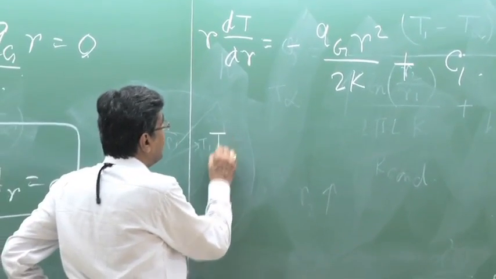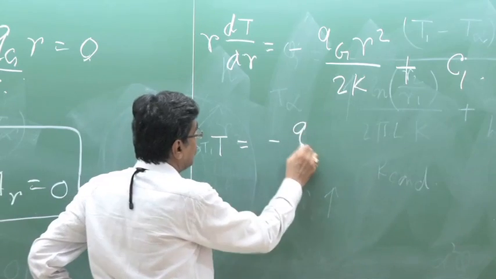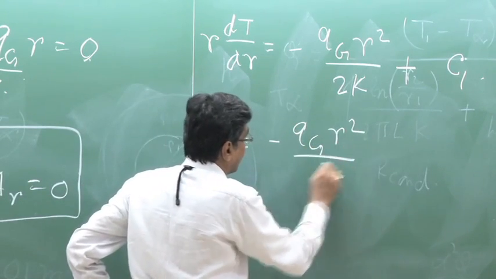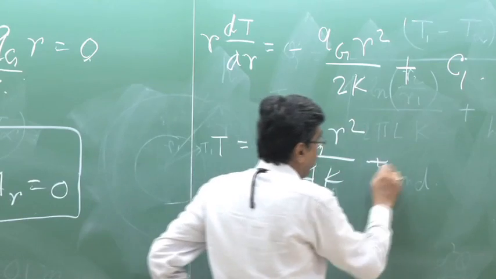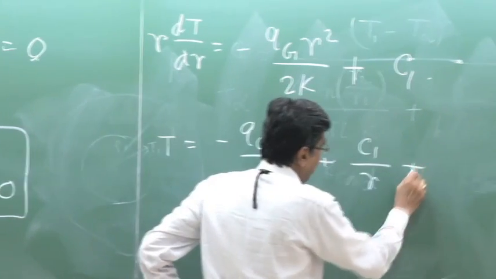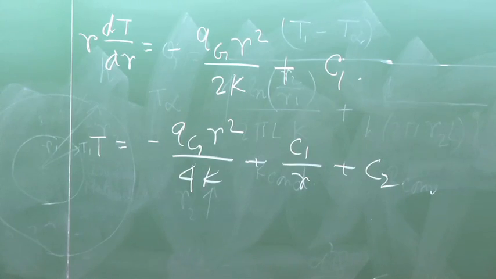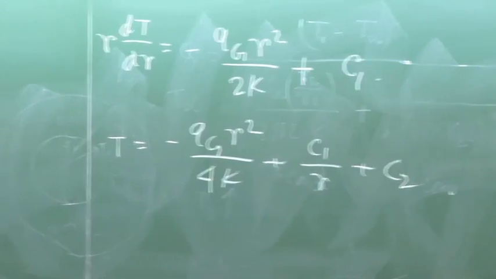So the next one, T will be minus Qg, again R square by 4K, plus C1 ln R. So I had not integrated. Good. So I will get 0. There are two constants, so you require two boundary conditions. What are the two boundary conditions?